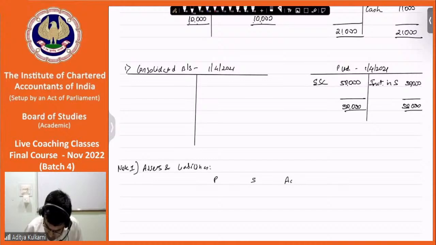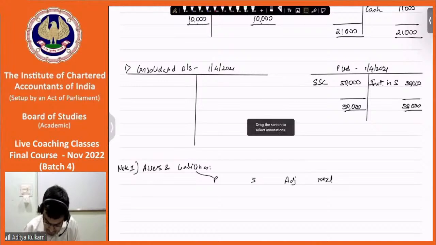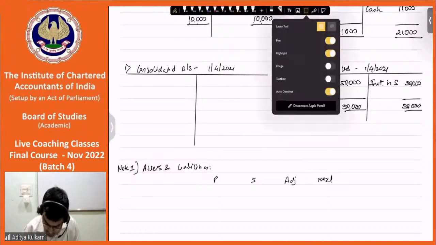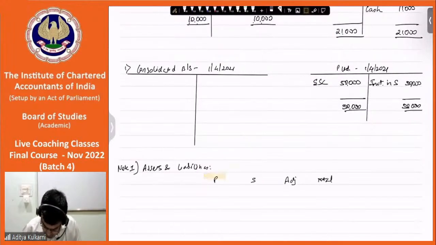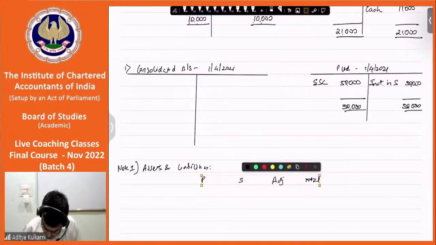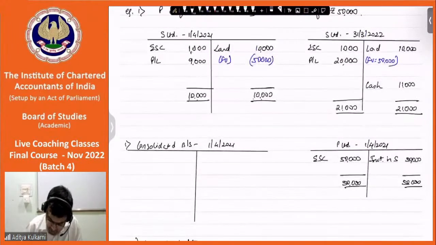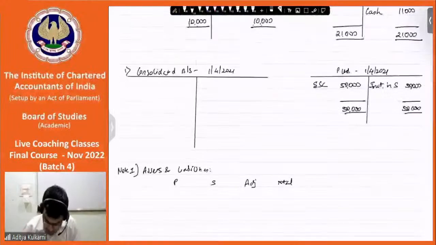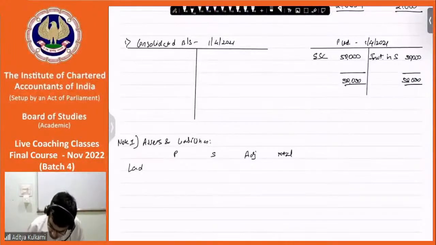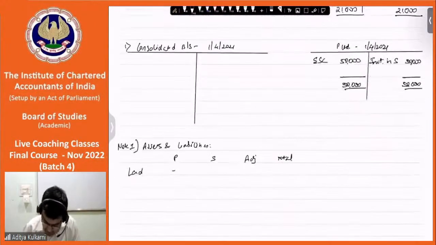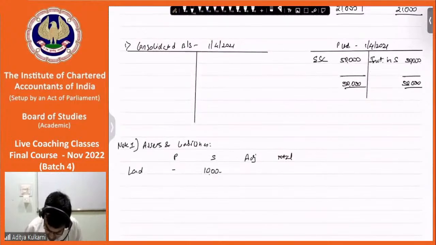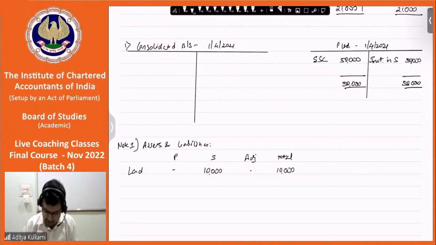P, S, adjustment, and total. In the case of assets, I have land. P does not have anything. S is having 10,000. No other adjustments. This is going to appear at 10,000.